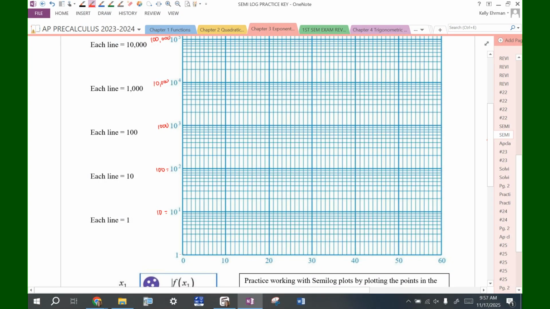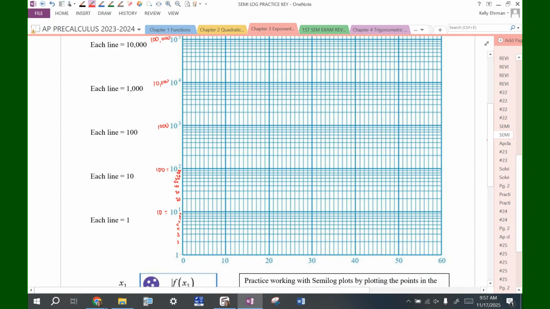Oh, yeah, okay, 1 is down here. That's weird already. 2, 3, 4, 5, 6, 7, 8, 9, 10. And then up here, now each line is 10. So 10, 20, 30, 40, 50, 60, 70, 80, 90. So you get the idea.